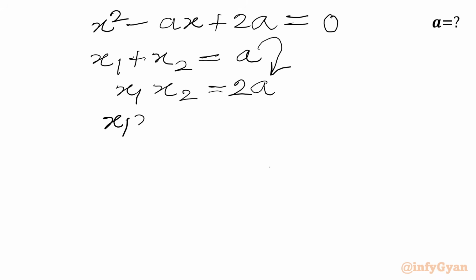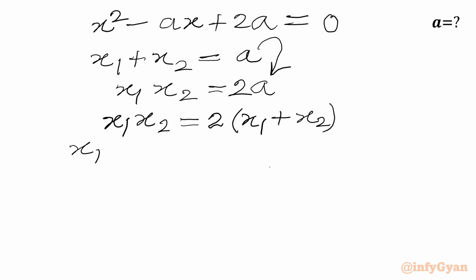We will get x1 times x2 equal to 2 times a. A is x1 plus x2, which will be written as x1 x2 equal to 2 times x1 plus 2 times x2.